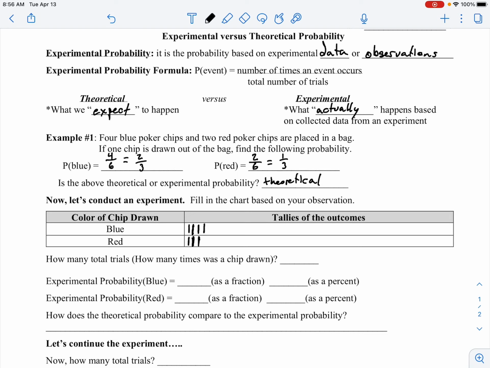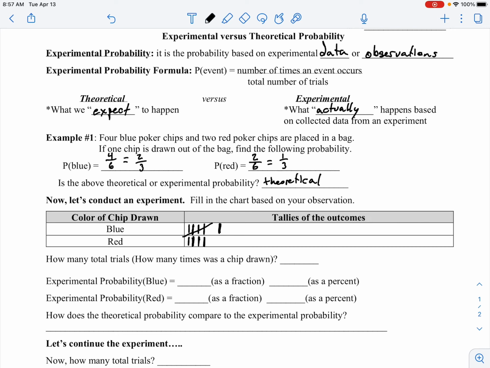A blue chip. We got another blue chip. I should be crossing for 5s, so whoop. 1, 2, 3, 4, 5. Back in the bag. A blue chip. Alright, so we got one more draw here. Let's see what happens. And a red.